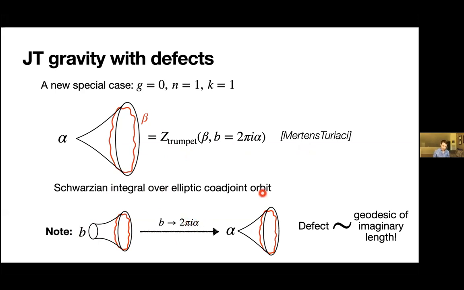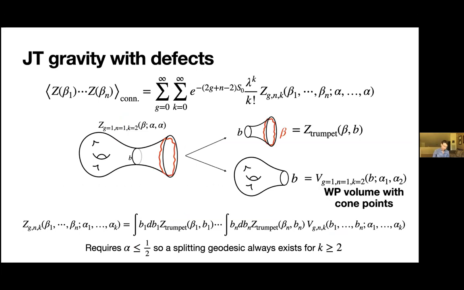That's naturally related by this relation in the eigenvalues. But the important takeaway here is that a defect is behaving like a geodesic boundary of imaginary length, and that's going to turn out to generalize and also work at higher genus.